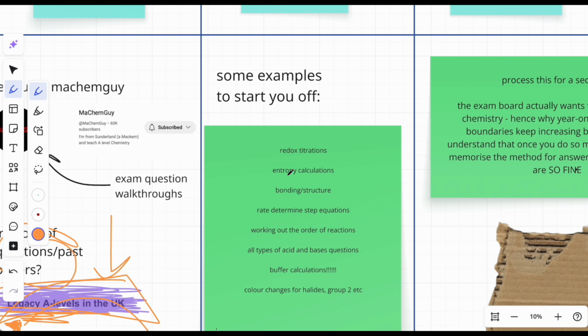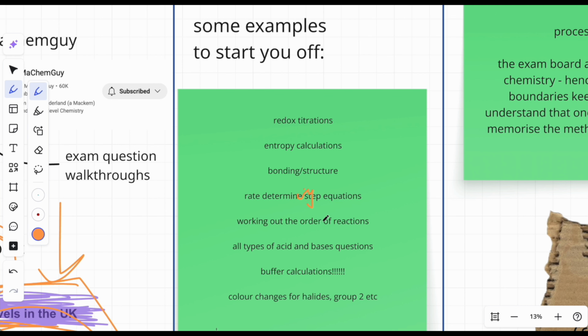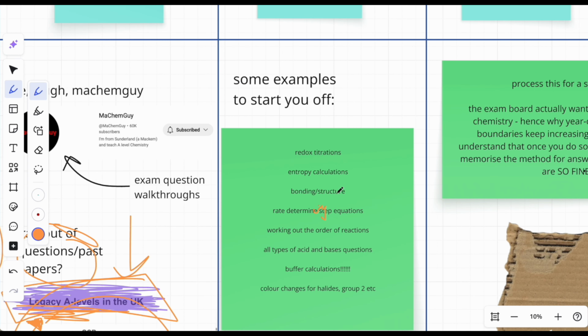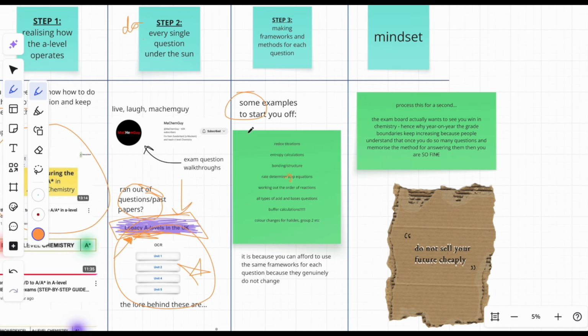So we've got redox titrations, entropy calculations, methodology, bonding and structure questions, rate determining step, equations, working out orders of reactions, all types of acid-base questions, buffers, 100%, Cassadova salt, all day, every day, colour changes, etc. But remember, these are just some examples for you to start off with.